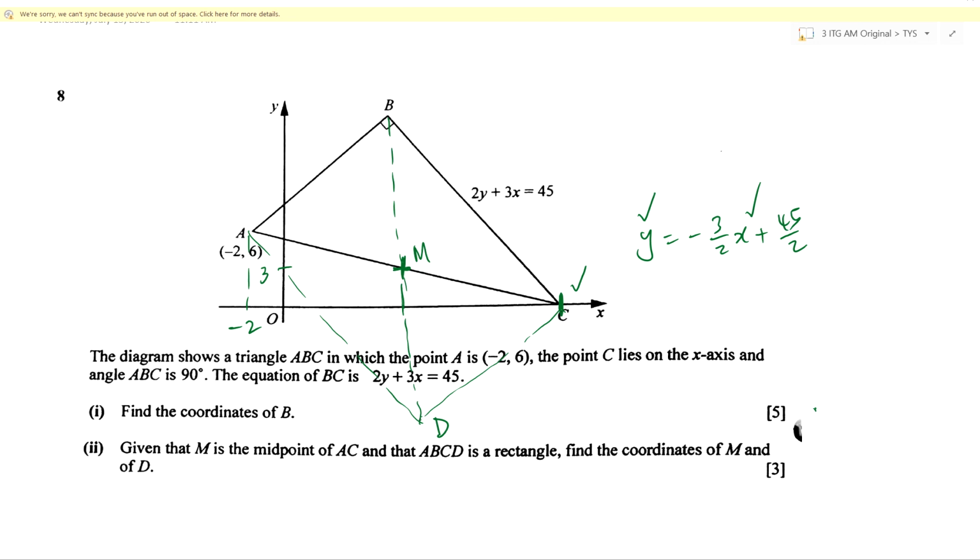For whatever value of coordinates of B that you found earlier on, let's call it P, Q. And we already have the coordinates for M. To find the coordinates for D, let's call D as x1, y1. We'll form more equations. P plus x1 divided by 2 is the x coordinate for M. Q plus y1 divided by 2 will be the y coordinate for M. So 2 equations, 2 unknowns.